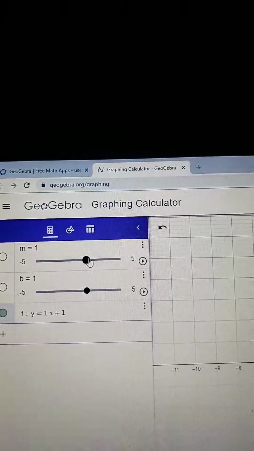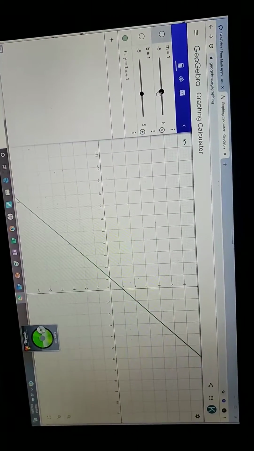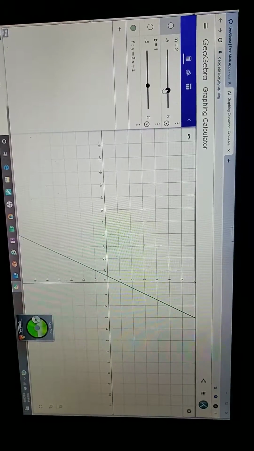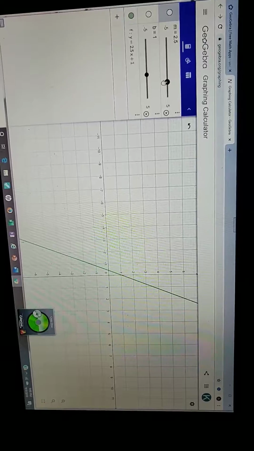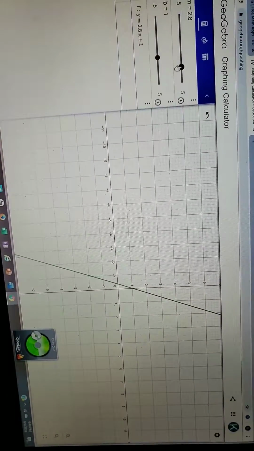So this is the function right here. So I'm going to change the slider. Once I change the slider and increase it, the slope also changes. Once I change the slope right here, my graph also changes.